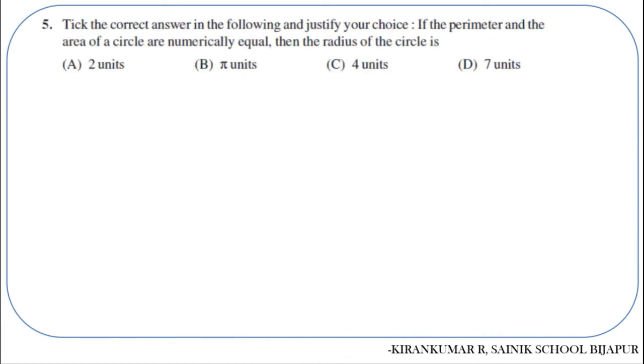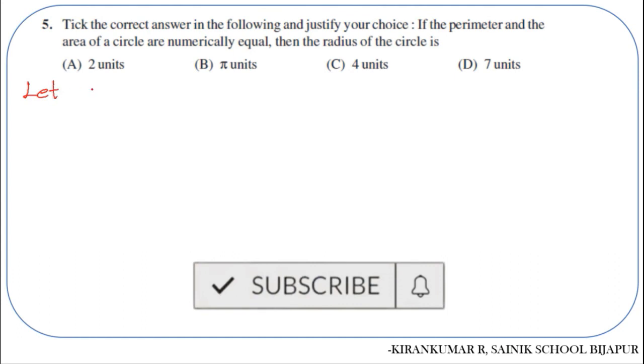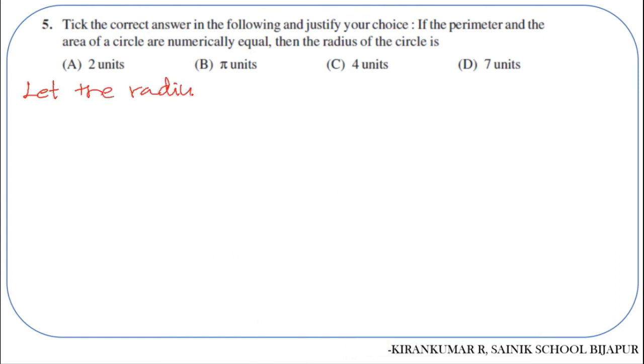Question number 5. This is the last question of the exercise. Check the correct answer in the following and justify your choice. If the perimeter and the area of a circle are numerically equal, then the radius of the circle is... Let the radius of the circle be r.